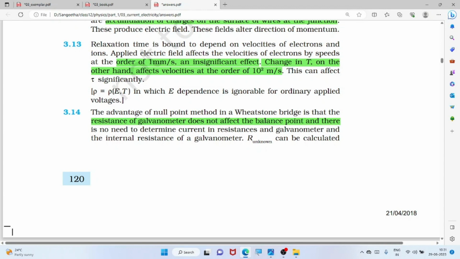Change in the temperature, on the other hand, affects the velocity of the electrons much more than the electric field does. So this can affect it significantly, while the dependence on the field is ignorable for ordinary applied voltages.